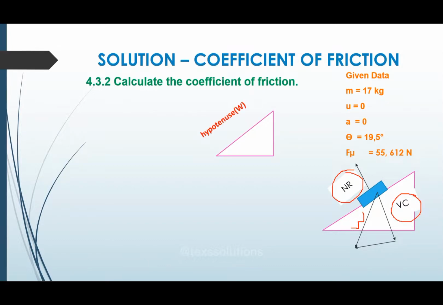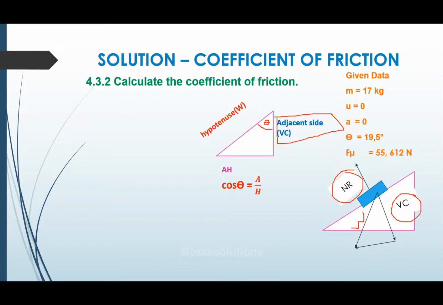Let's look at how we will find that. So we now know that the weight is on the hypotenuse side and the vertical force is on the adjacent side. Remember that the angle is still here where it is. So this is the angle, the side next to the angle is what we call the adjacent side. So since I have adjacent and hypotenuse, the trig ratio which I'm going to use to calculate this vertical component is going to be cos.